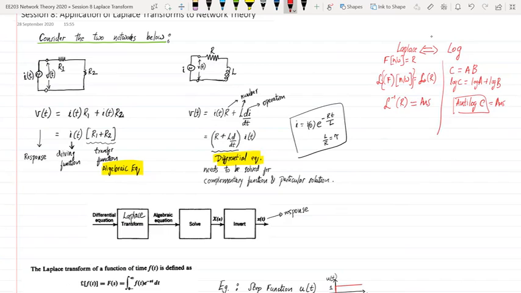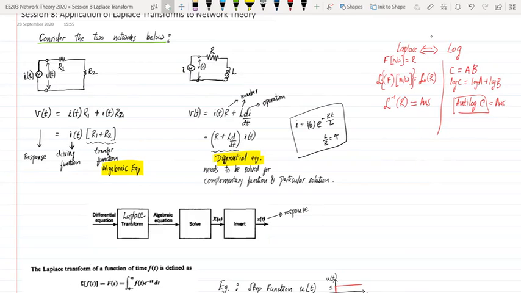So it's the same thing. If you look on the right side, I have C. Let's say C is the response. C is a product of two numbers A and B. Let's say A is the forcing function and B is the system function. So I take log C is equal to log A plus log B. I find out the value of log C by adding up these two numbers. And then I find the antilog C to get the answer.